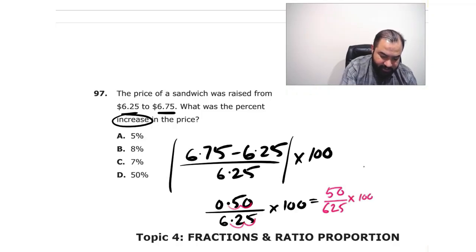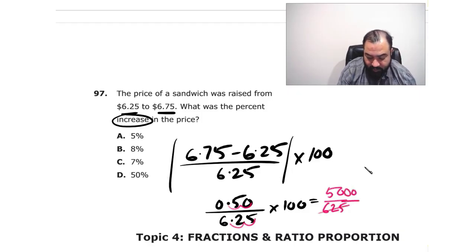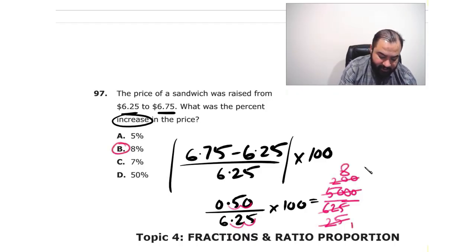If I times 625 with the 100, that becomes just 5,000. I can simplify it by 25. 25 goes into 625, 25 times. And 25 goes into 5,000 like 200 times. So I can divide by 25 again. I get 8. So the answer is 8%. I believe it's 8. Okay.